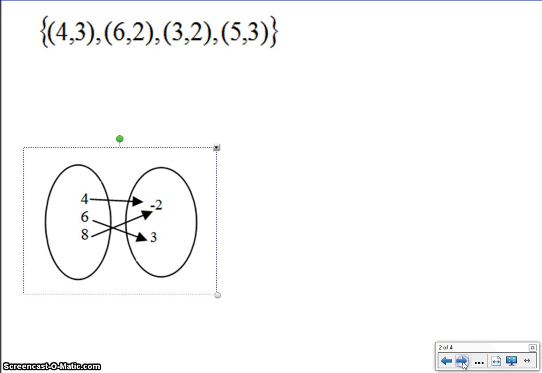So if we look here at this relation of ordered pairs, our input is our x values. So we're looking at a 4, a 6, a 3, and a 5. Since none of our x values repeat, we know that each of our inputs will have exactly one output. And so we can say that this is a function.